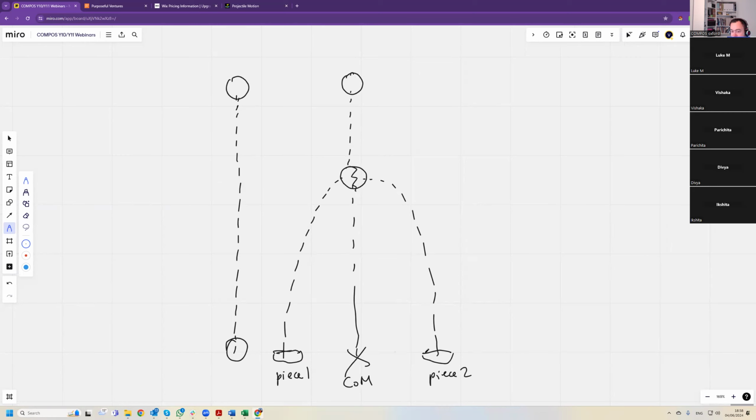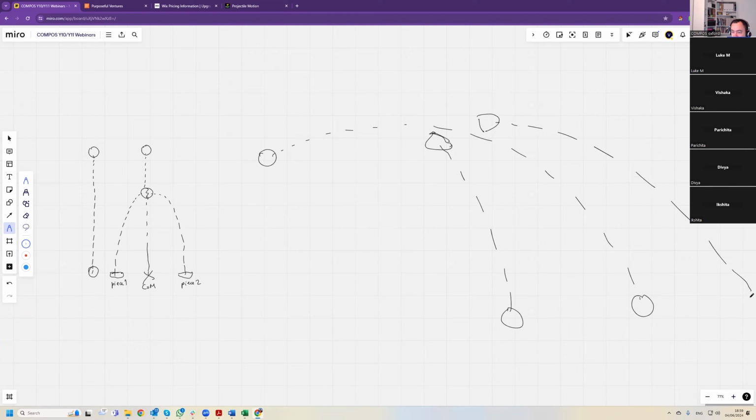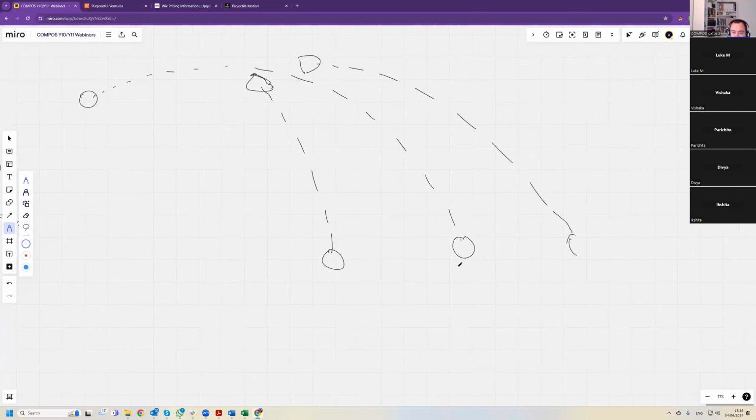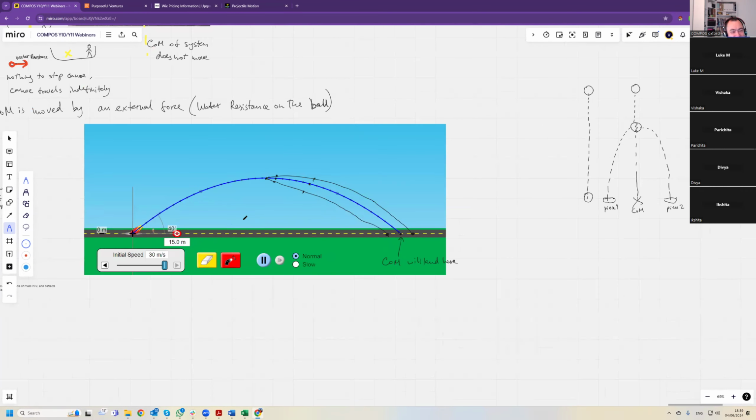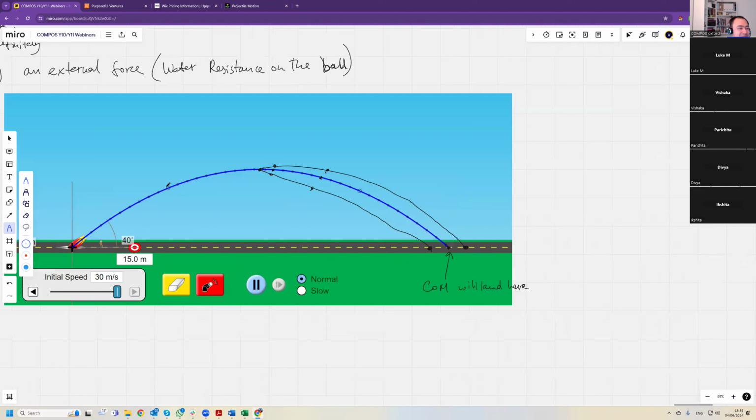The second piece will land somewhere here. But the center of mass will land where it would have landed if they didn't break up. Okay, and that makes the problem incredibly easy. Well, I mean, if you know how to calculate the range of a projectile.